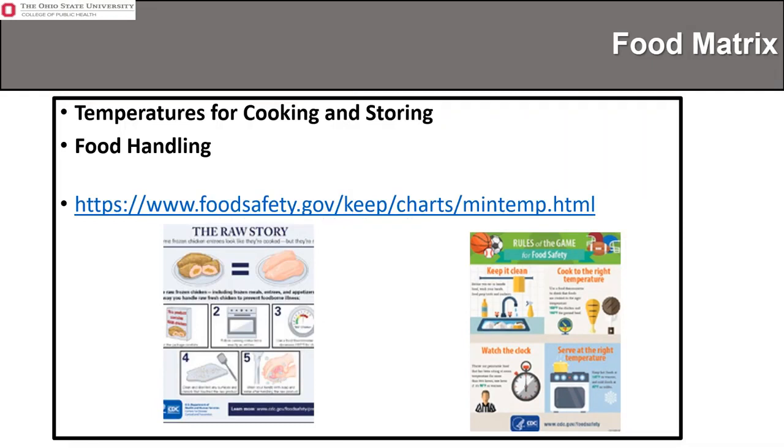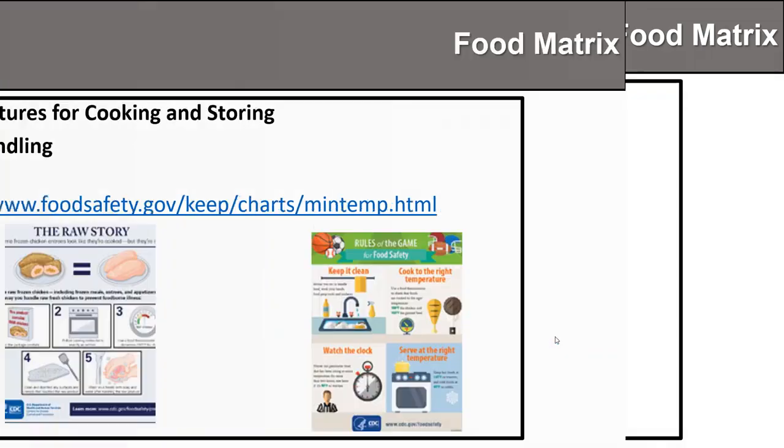But typically to cook meats, poultry, beef, pork, a minimum of 140 degrees Fahrenheit to 160, 170 degrees for internal temperatures to ensure that any pathogens present are denatured and destroyed, but also handling is certainly part of this as well. So those are some links.